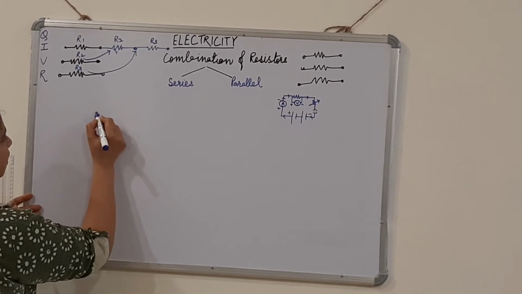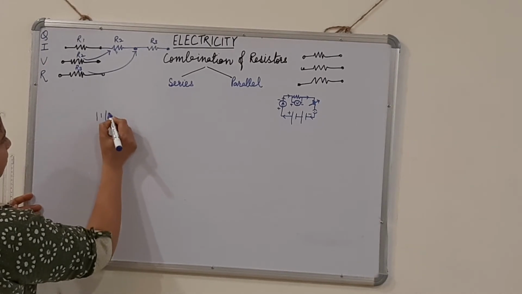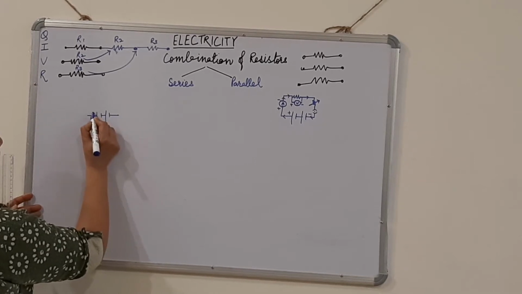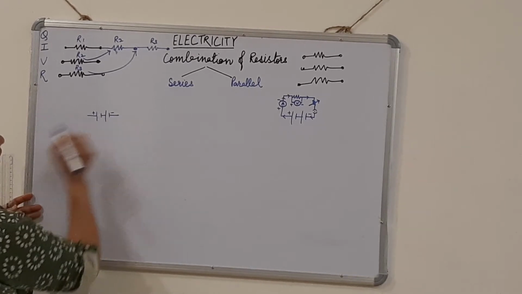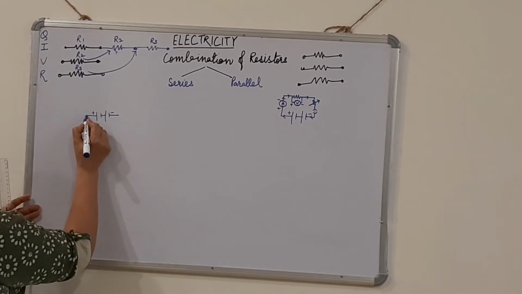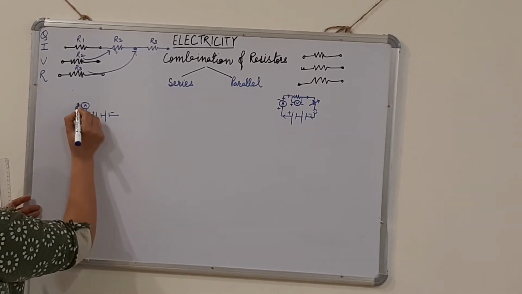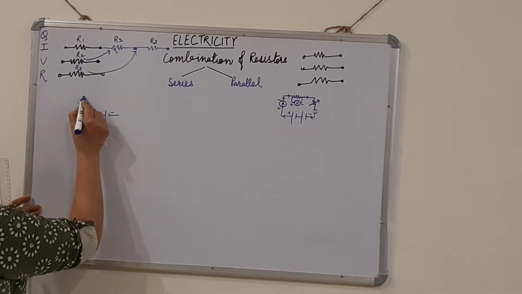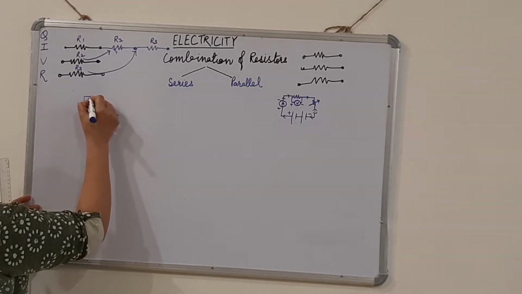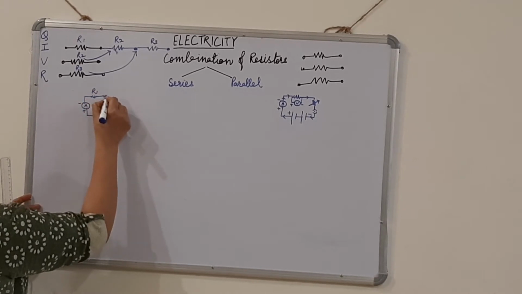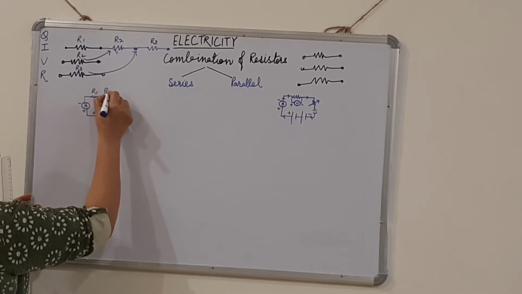So first of all, let us draw a battery. This is the positive end of the battery and this is the negative end of the battery. Then comes our ammeter. Ammeter is always connected in series in the circuit. Then, suppose this is our resistance 1. Here I have connected resistance 2.